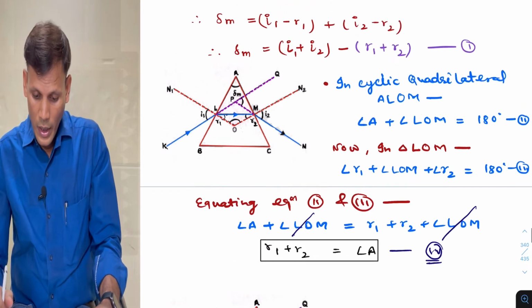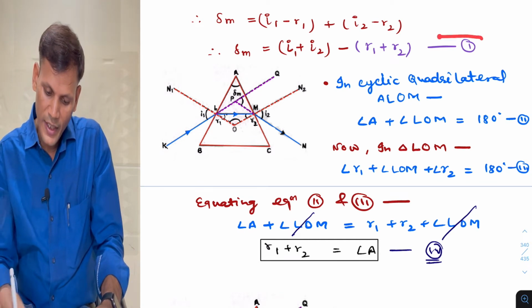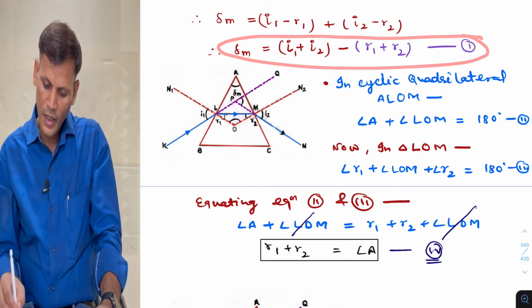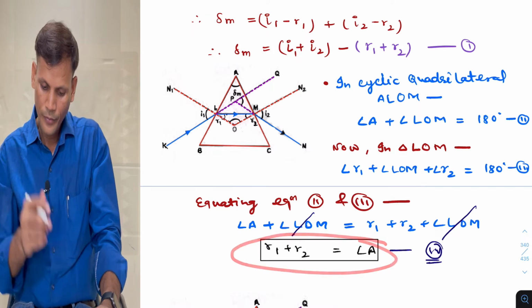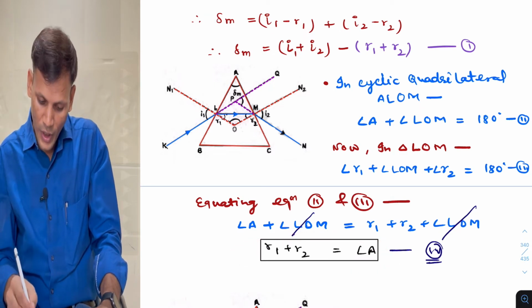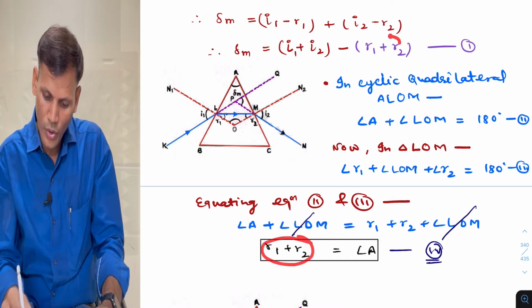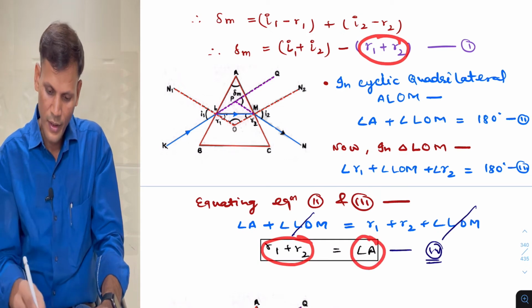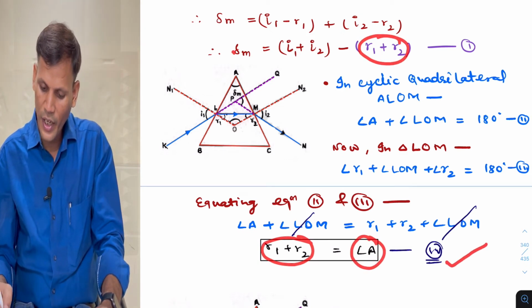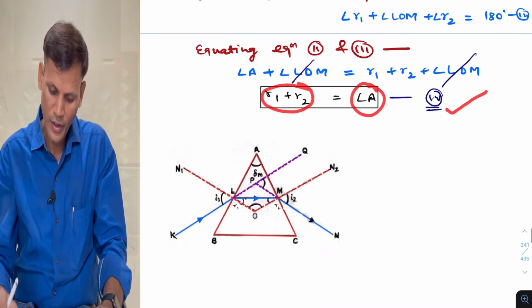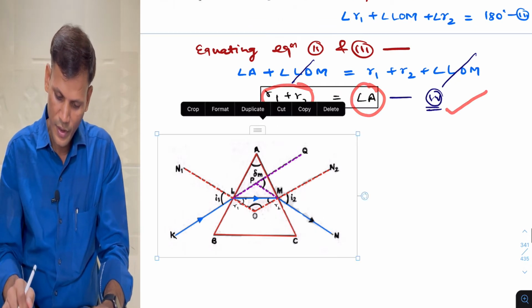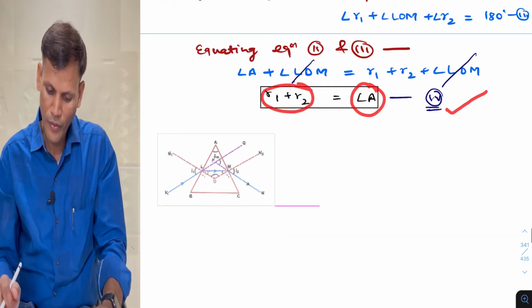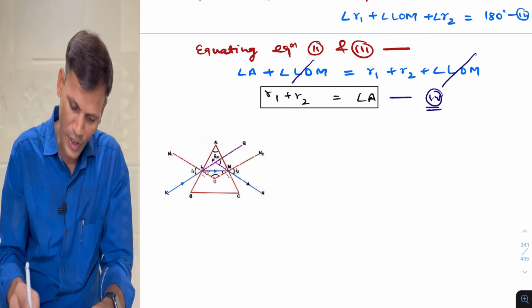Now we can compare equations 1 and 4, so instead of R1 plus R2 we can write A, substituting equation 4 in equation 1.